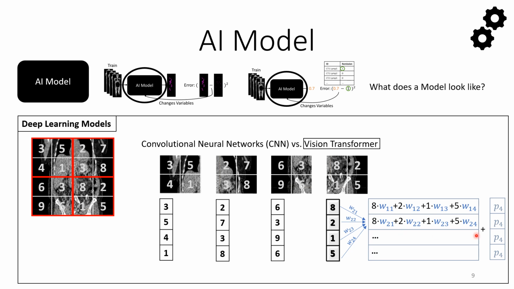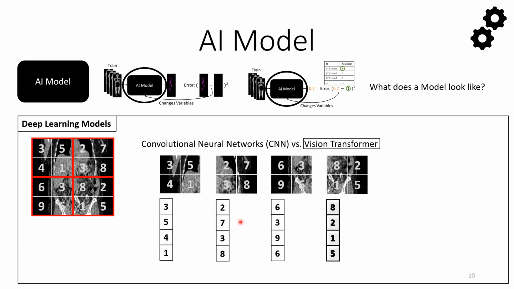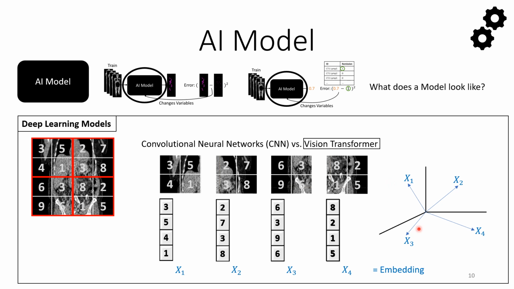But in the end, this gives us a new vector, and we call this vector x, okay? And we do this now for all 4 parts here. So we get x1, x2, x3, and x4. Those vectors are called our embeddings, okay? Those are just like vectors in space, you can imagine.